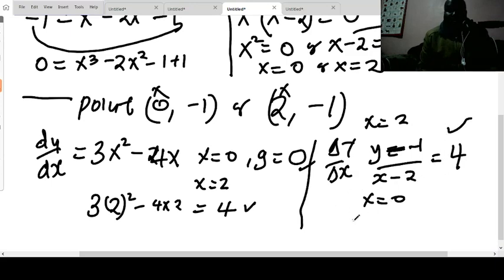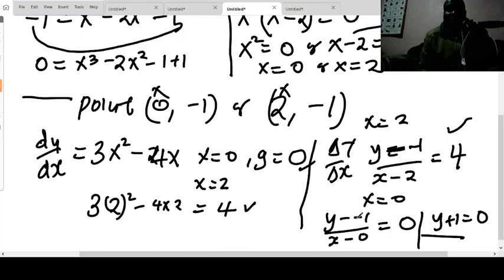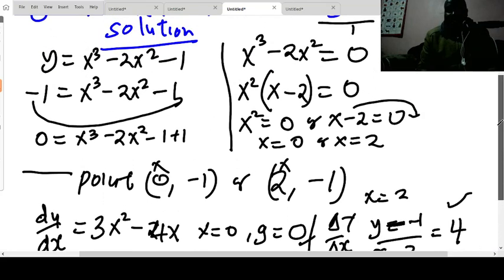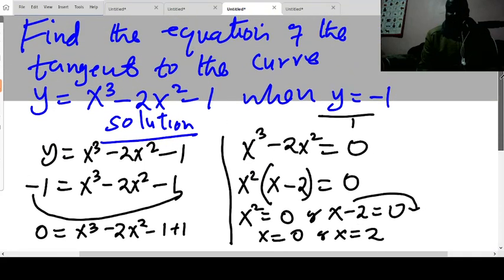For x equal to 0, we say y minus 1 divided by x minus 0, and the answer is 0. And this one, the equation is going to be, everything is 0, y plus 1 equal to 0. That is the equation when the gradient is 0, as simple as that. I hope you have understood what I have done here.